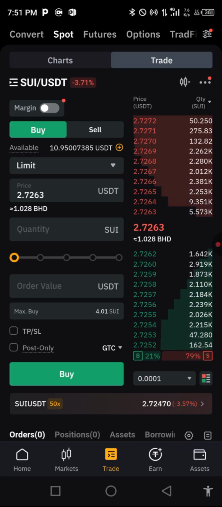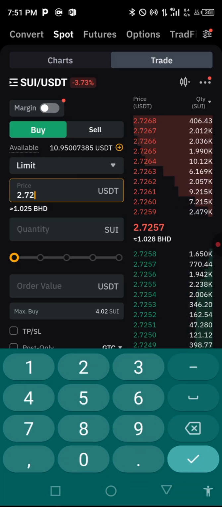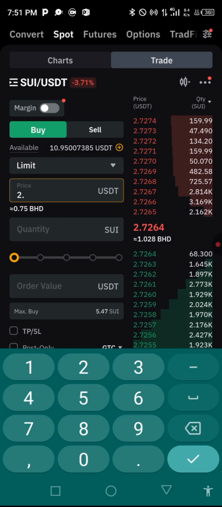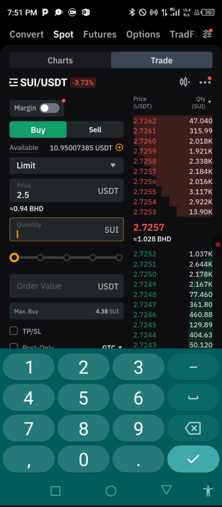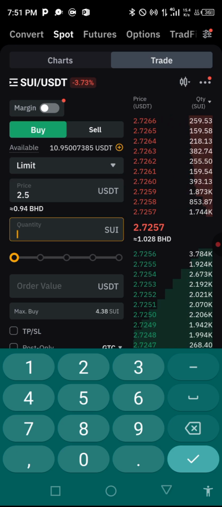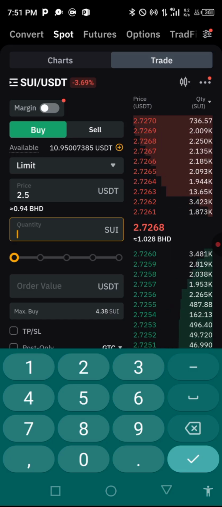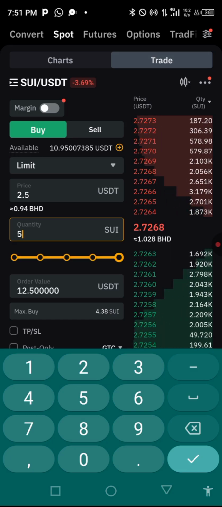You now enter the market price here, let's say 2.5, right, and the quantity of USDT that you are willing to spend, let's say $5.